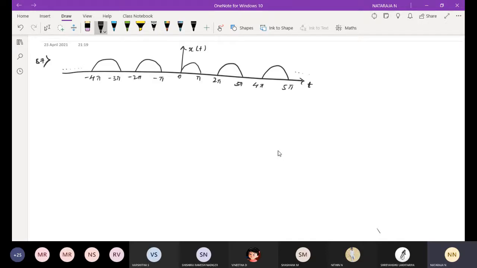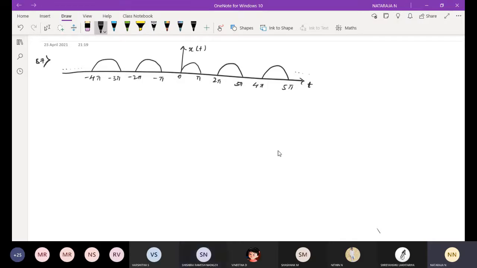The dots indicate so on. It will run from plus infinity to minus infinity. On the right side it will vary up to positive infinity, and on the left side it will vary up to negative infinity. Whether the given signal is periodic or non-periodic?